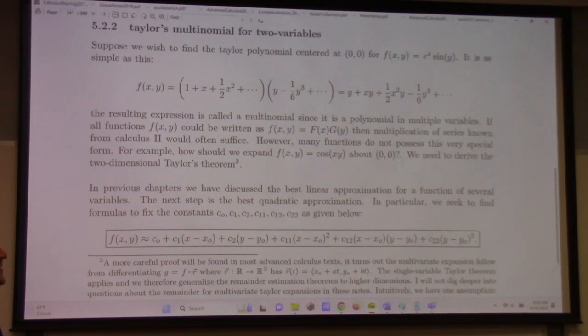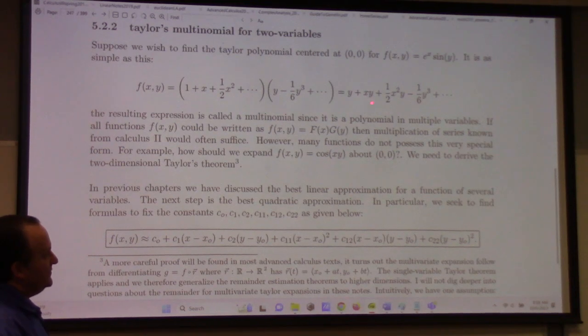You can multiply them and just go order by order. Order 1, order 2, order 3. That's all I did it to. And there it is. That's the multivariate power series for e to the x times sine y up to order 3. Now I can look at this and tell you some things right offhand.